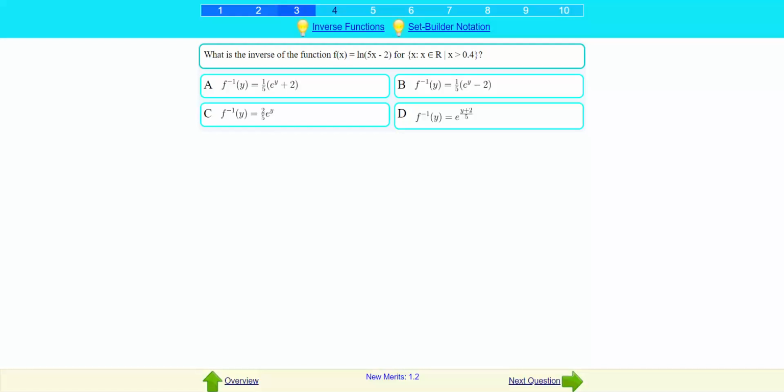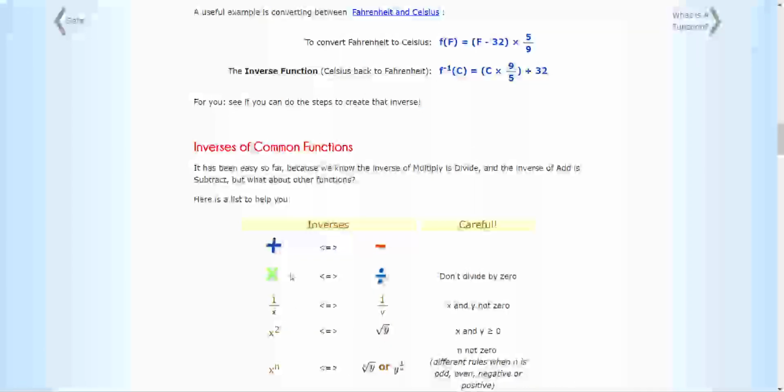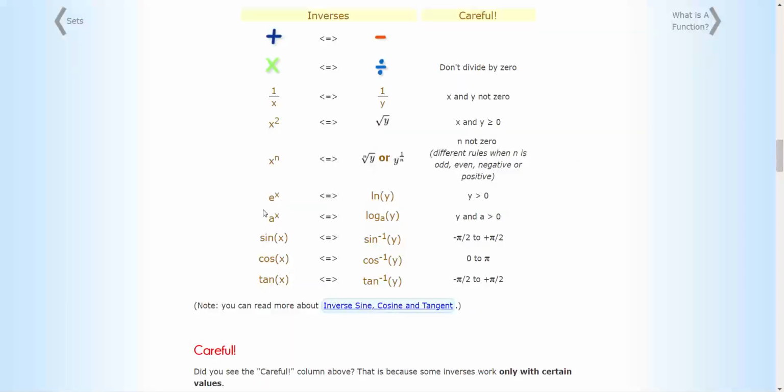If you go back to the inverse table we had, the ln of y becomes, if a is greater than 0, a to the power of x, e to the power of x.